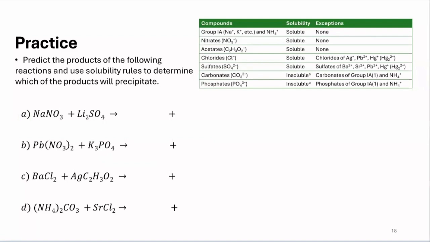In order to represent this and use the solubility rules, I'm going to do examples A and B in the slide. In double replacement reactions, we may or may not have a precipitate form. A precipitate is a solid form of an ionic compound, and this precipitate will form as long as that ionic compound is not soluble in water.